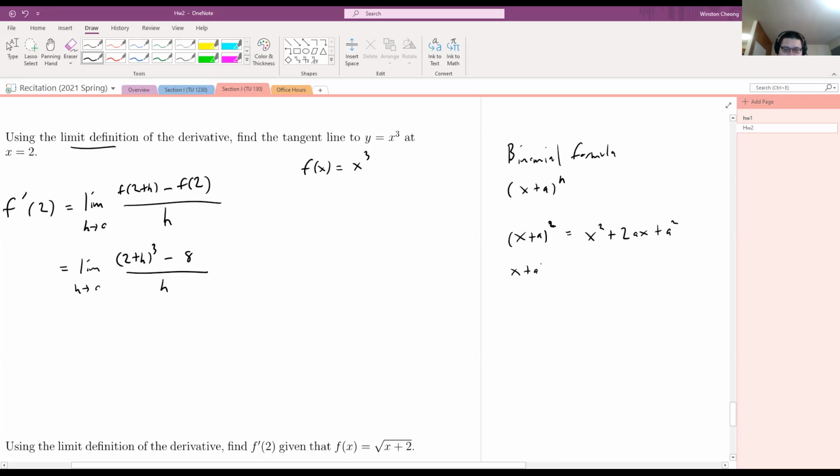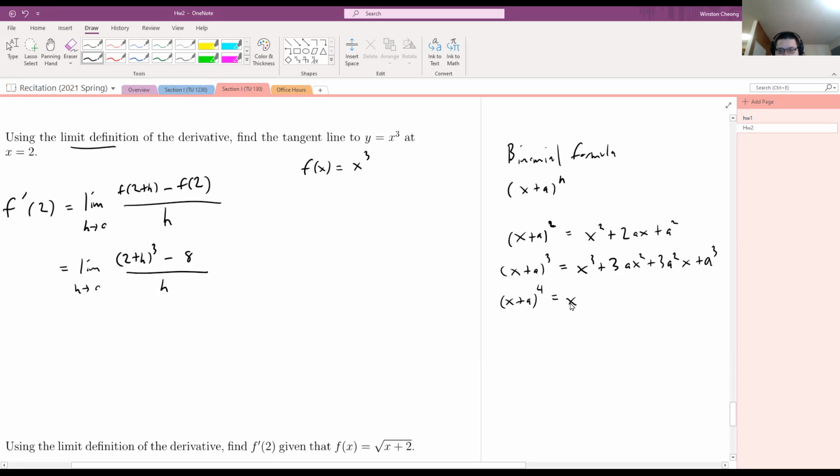And let me show you some more examples. x plus a cubed is x cubed plus 3ax squared plus 3a squared x plus a cubed. And maybe I'll show you one more example.